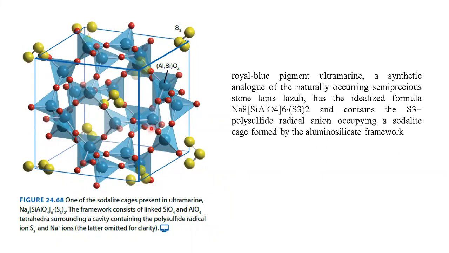So this somehow causes an electronic transition in the visible region. In this way, it shows a royal blue pigment, which is called ultramarine. So this is also a very colored compound having industrial application. It is linked silica and alumina tetrahedra. One silica tetrahedron will be there, another alumina tetrahedron will be there, and they are linked by oxygen in the crystal structure.